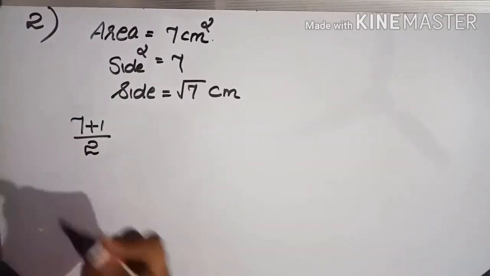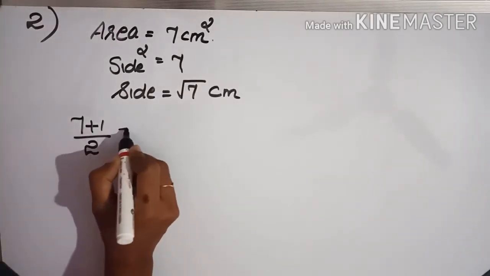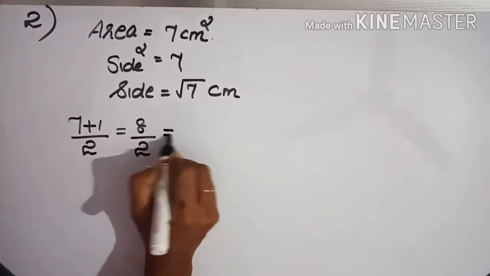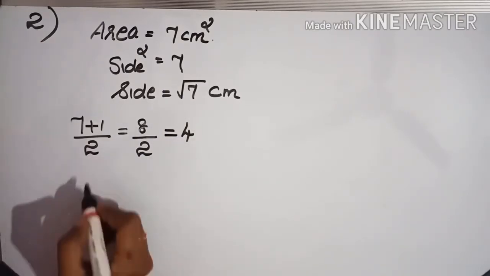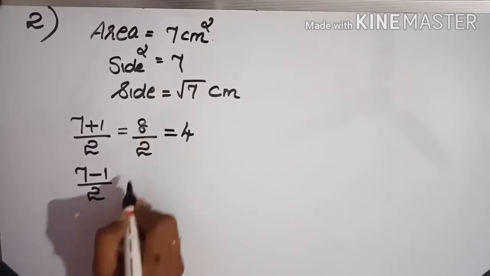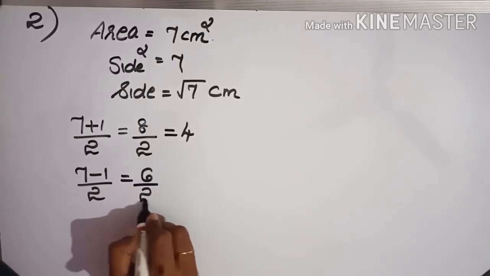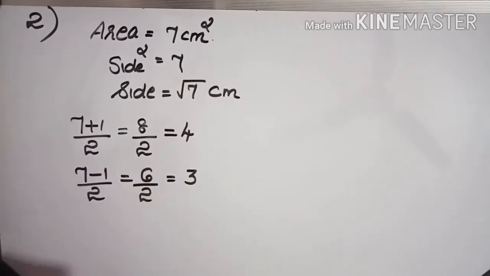In order to get the first side, 7 plus 1 is 8. 8 by 2 equal to 4. Same with subtraction. That is 7 minus 1 by 2, equal to 6 by 2. 6 by 2 is 3.